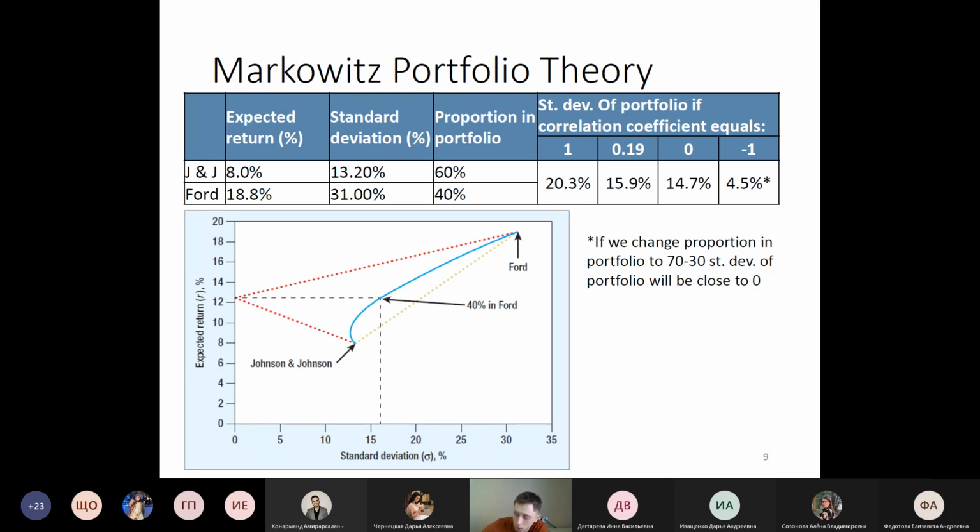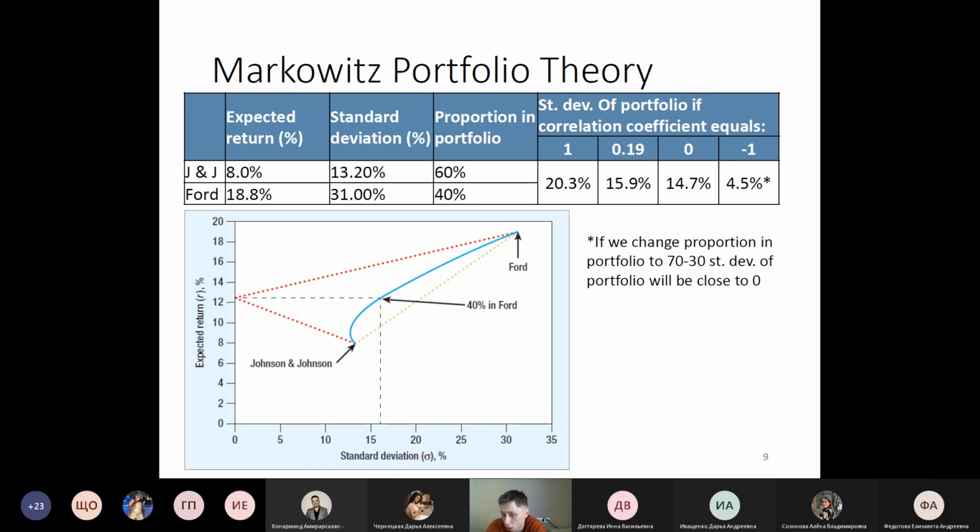Then they will be perfectly correlated. But if we talk about assets that are traded on the open market, it is unlikely to happen. And perfect negative correlation is the same. But these cases are important to present the tendencies.